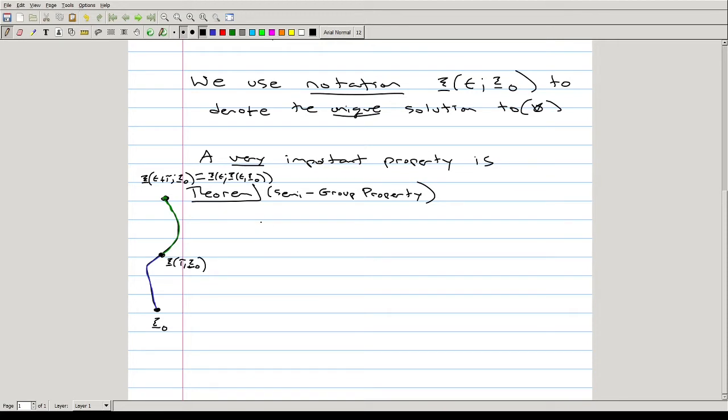This is relatively straightforward to prove, and it uses the uniqueness theorem, but written out it just says: let xi naught be an initial condition in Rn, and let alpha to omega in Rn be the maximal interval of existence.